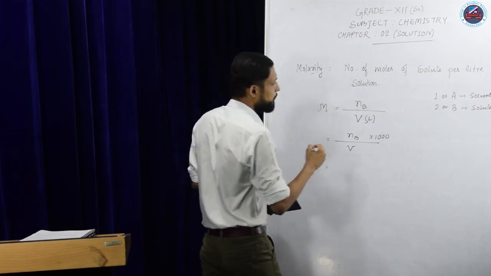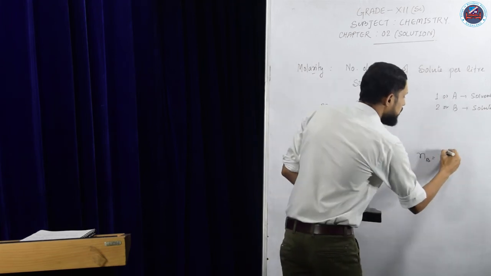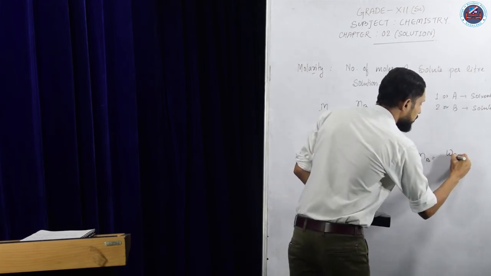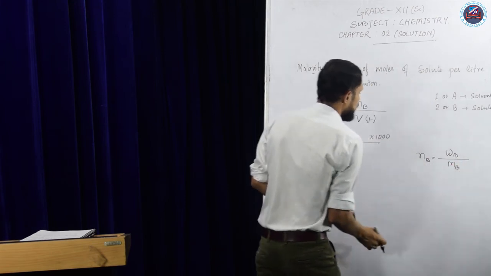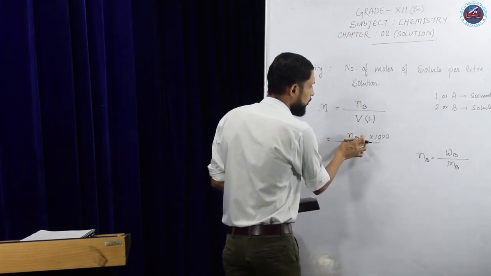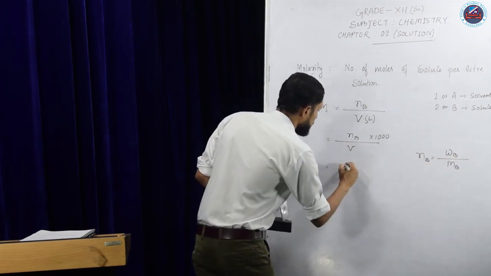Now if you modify this formula, we know NB, that is number of moles of solute, is equal to mass of solute by molar mass of solute. So in place of number of moles of solute, we can use mass of solute and molar mass of solute.